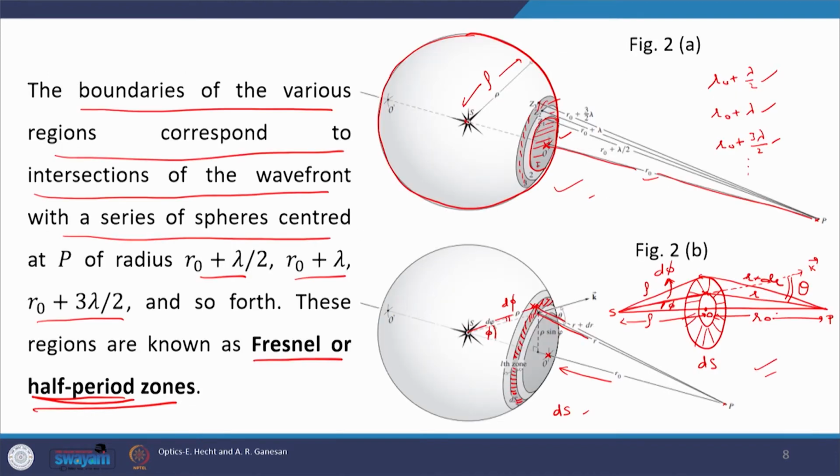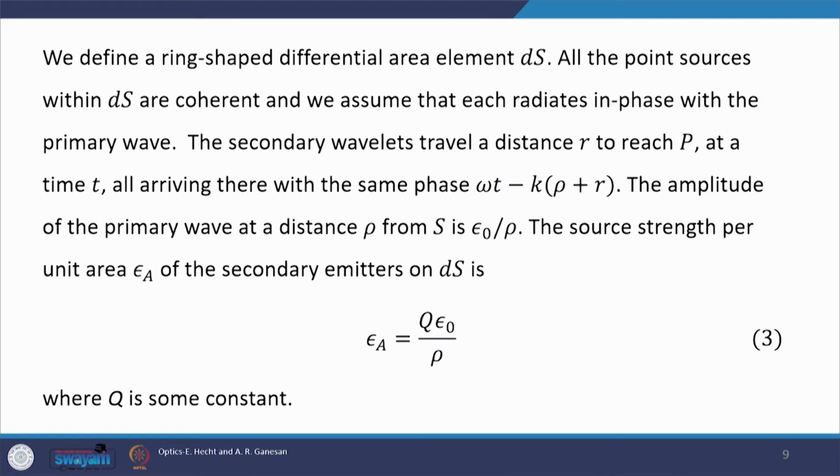This is our primary wave, and the sources are here in this small area element. Since the thickness is very small, we are assuming that they are coherently emitting, and whatever they are emitting is in phase with the primary wave.